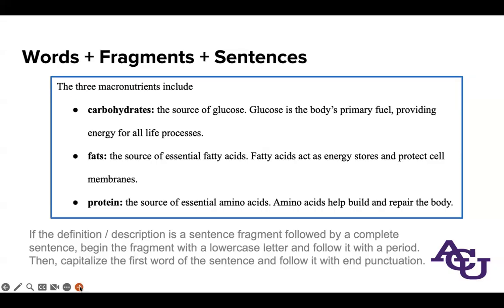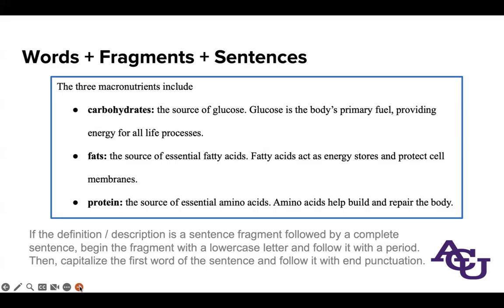We can follow it with a colon. Then we will begin the phrase or the sentence fragment after it with a lowercase letter. And we will follow it with a period this time because it's going to be followed again by more information. So we want to make sure the reader knows where that first fragment stops. And then finally, the sentence at the end will start with a capital letter and end with a period.